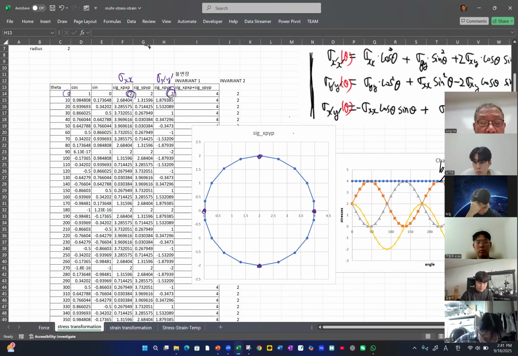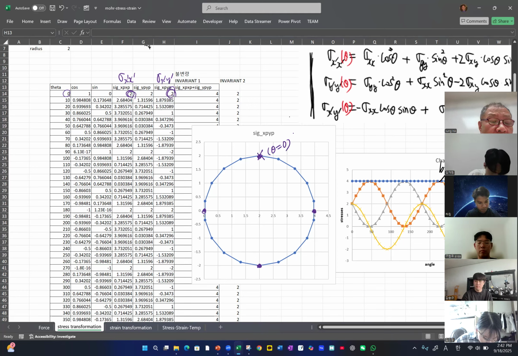Now, where is that point here? 2 and 2 means this point. So we know that this is theta equals 0. And then, along with changing, there is another one at 90 degrees, 2 and 2.